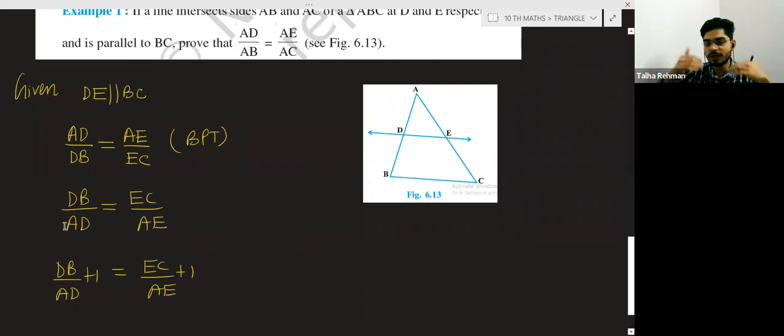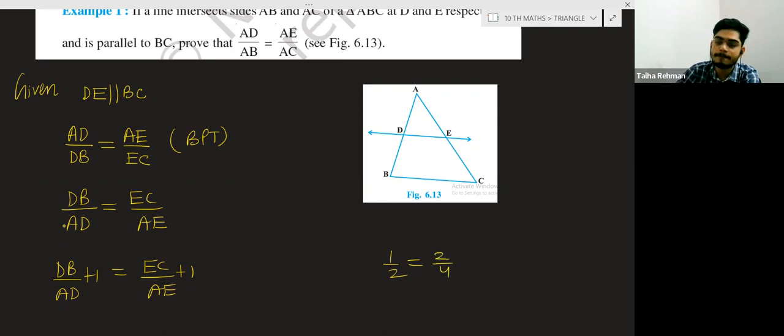If you do the reciprocal on both sides, there will be no effect. Suppose 1 by 2 is equal to 2 by 4. So this thing is equal to this thing. Now do the reciprocal. This will become 2, this will become 4 by 2, which is again 2. So there will be no effect.